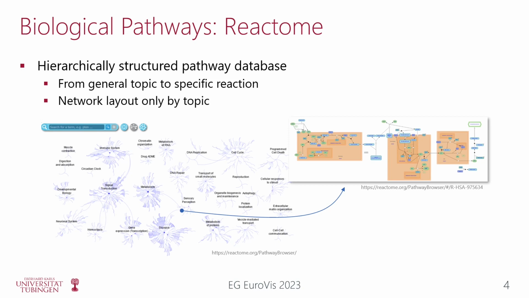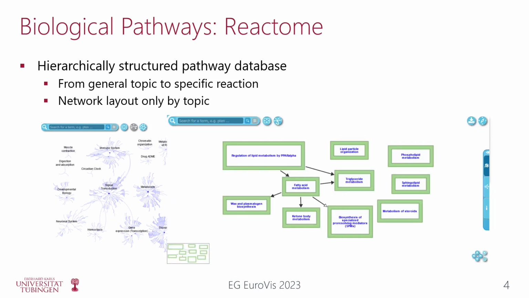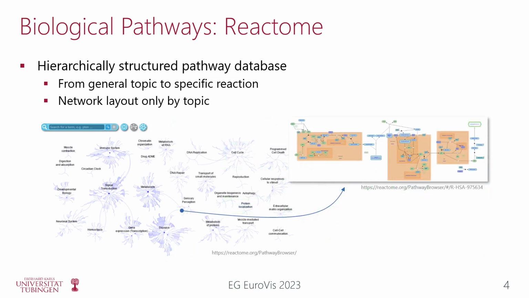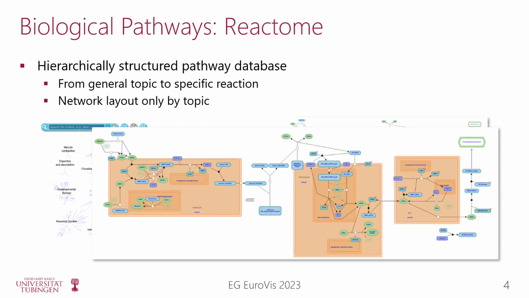The very coarse topics are assigned to the roots of a hierarchy, corresponding to an overview detailed pathway. Here, other hierarchical topics are arranged in a small graph. More fine-grained topics, reaching down to the level of single reactions, are arranged in the lower hierarchical levels, which resemble the pathway maps in KEGG.